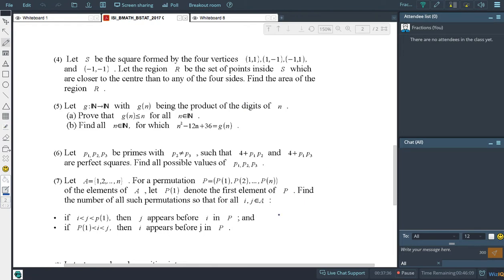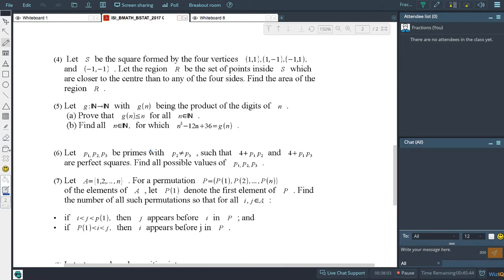Now, what about the second part, part B? Part B is: find all n belonging to the set of natural numbers for which n square minus 12n plus 36 is equal to g of n. So here we need to find. I mean, this part was interesting.